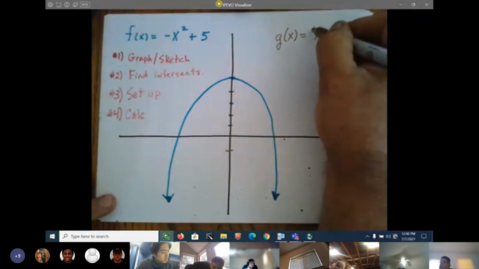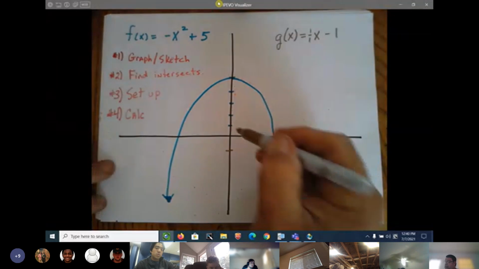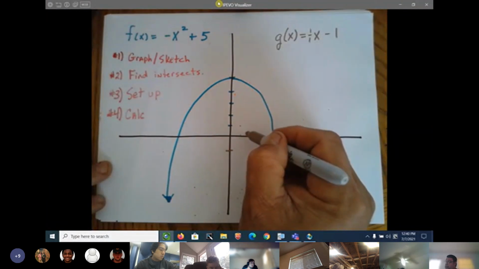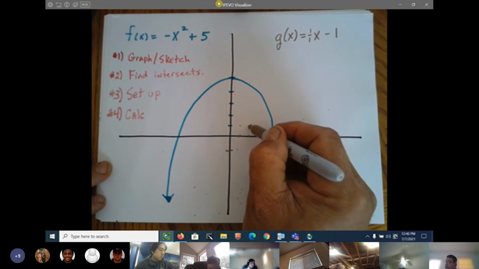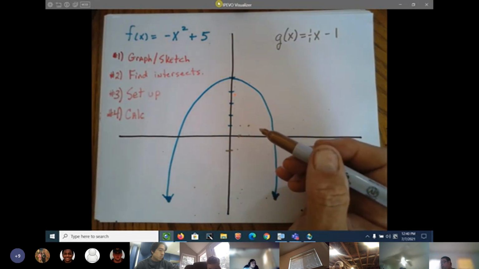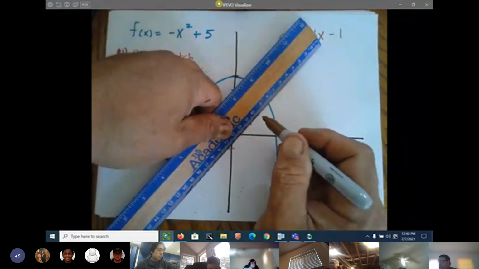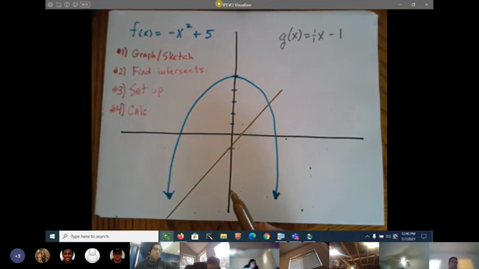And this is 1 to 1, so that's a 45-degree angle. 1, 1. Oops, I'm sorry. 1, 1, 1, 1. So we've got a brown line with something like that. Everybody with me?